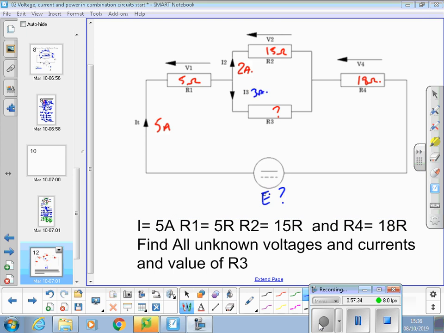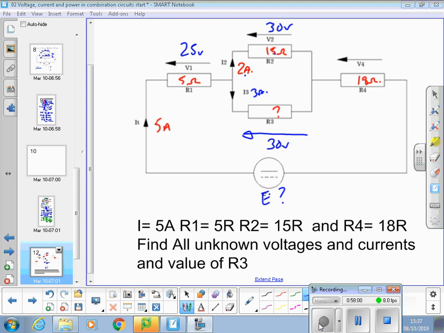Yep. Given that, we can use this 2 amps and that 15 ohms to calculate that volt drop across there. That's 30 volts. We know that because those two are in parallel, that's 30 volts. We can use the 5 amps and the 5 ohms to get 25 volts across there.